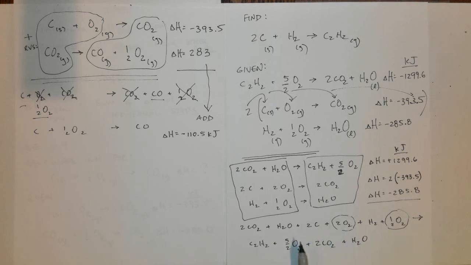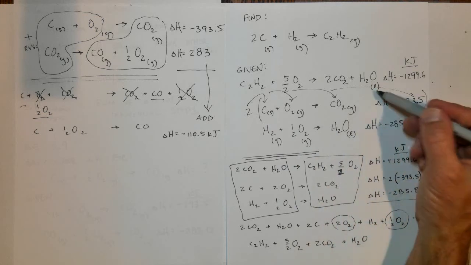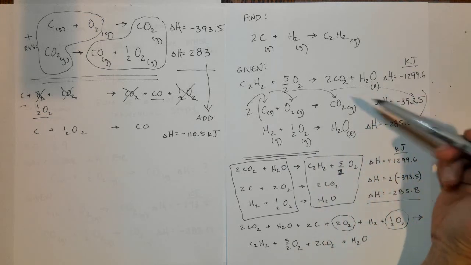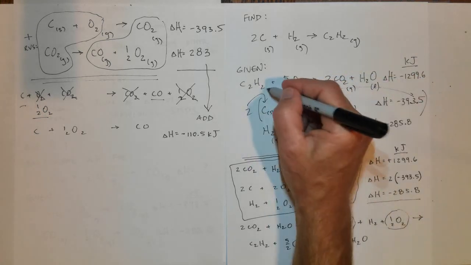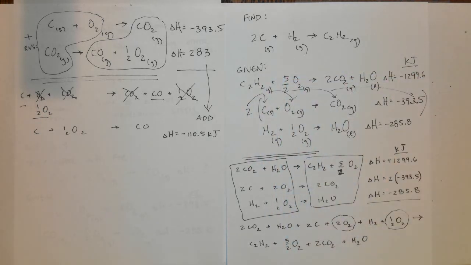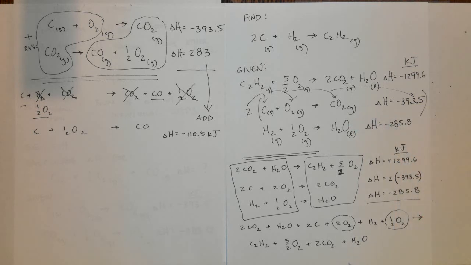And I omitted the phases of matter here, but those would matter if they were different from one another. You'll notice the water and the water are liquids, and the carbon dioxides are gaseous, the oxygens are gaseous, and the C2H2 is a gas as well. Just be aware of that when you're watching your goal reactions, that you're keeping the phases the same.